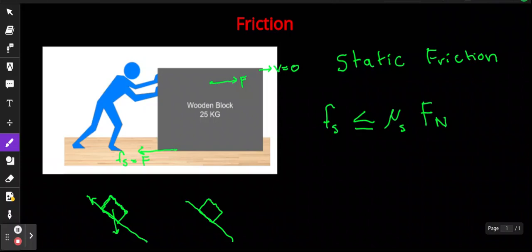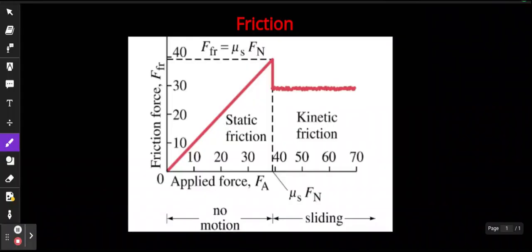So let's represent this in a graphical way because sometimes static friction can be harder to understand. So this graph represents the friction force acting on an object as a function of our applied force. So we know that our static friction, or the maximum force needed to apply before it can overcome static friction, is mu sub s times the normal force.